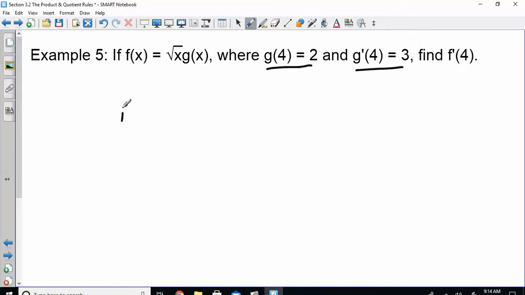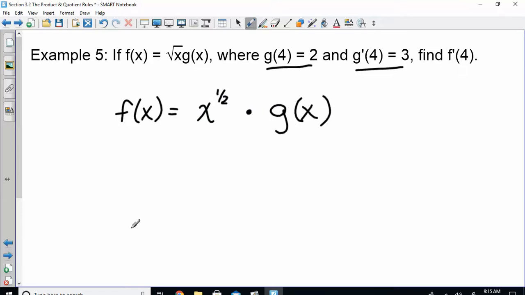So I'm asking a lot right now. My function is the square root of x, so x to the 1/2, times whatever function g is.